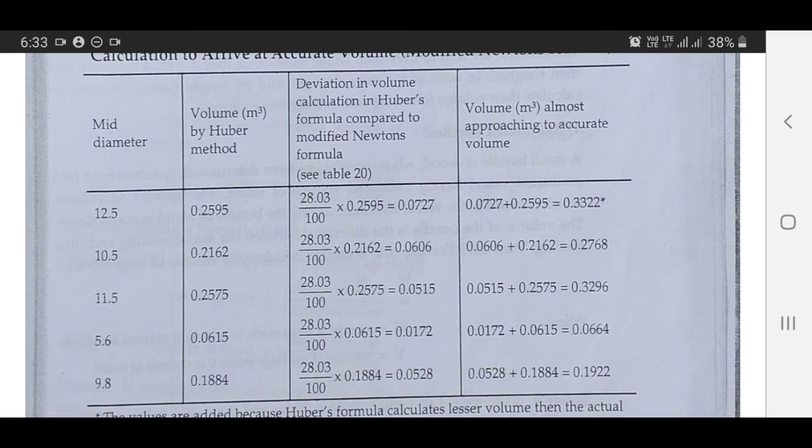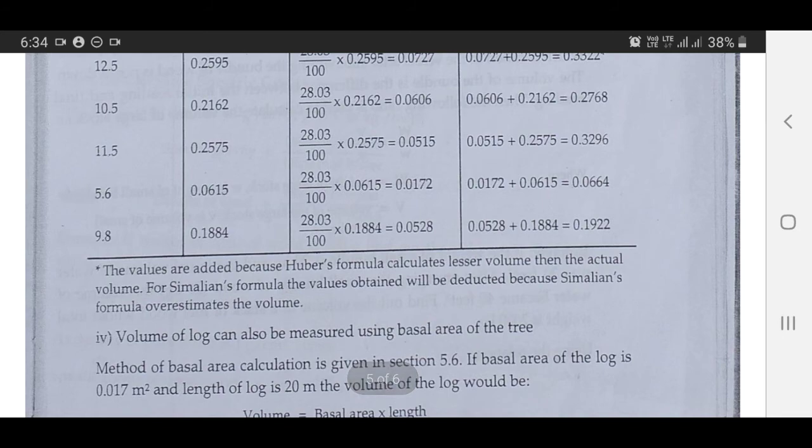It comes to 0.3322. Likewise, you calculate deviations for all logs and add it. The values are added because Huber's formula calculates lesser volume than the actual volume. For Smalian's formula, the values obtained will be deducted because Smalian's formula overestimates the volume.